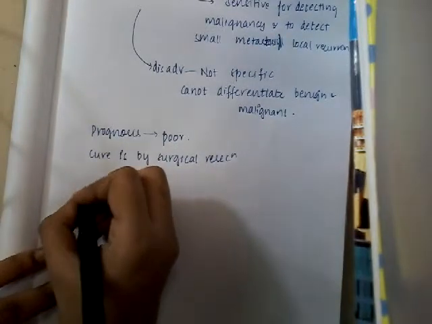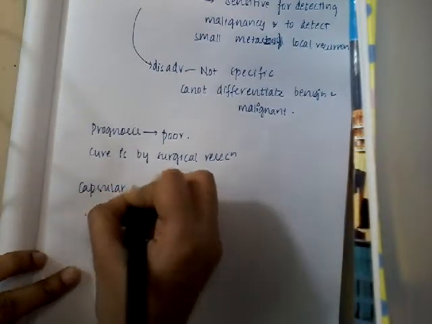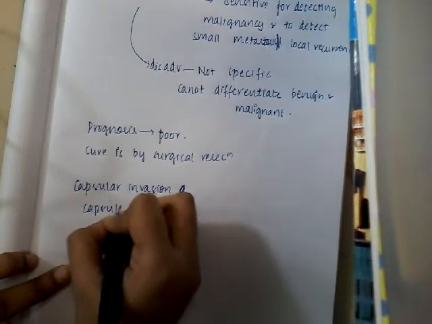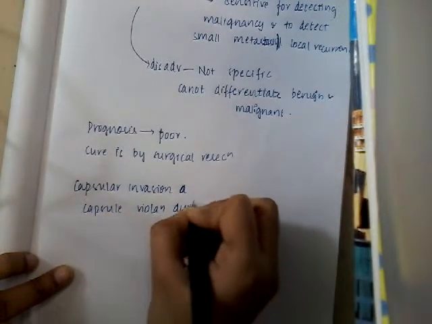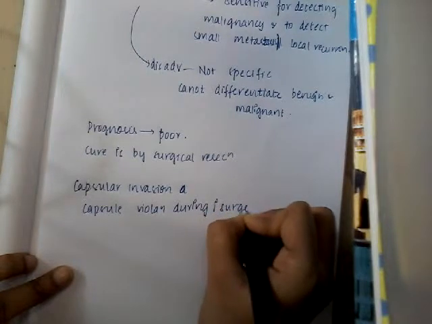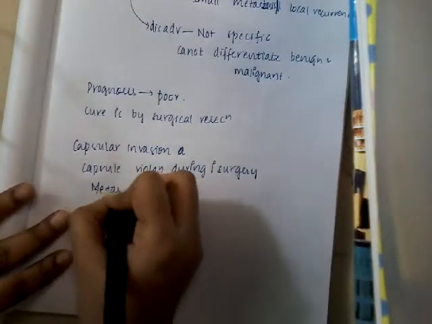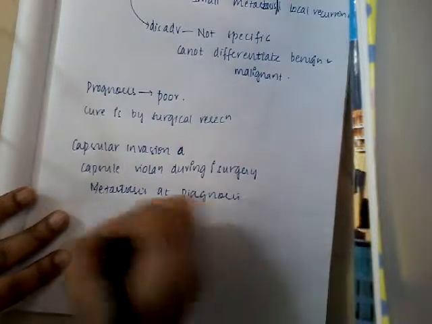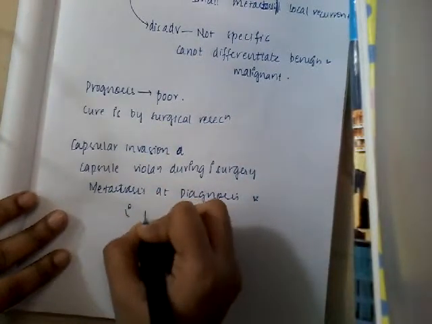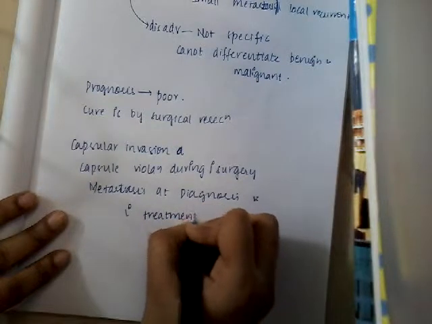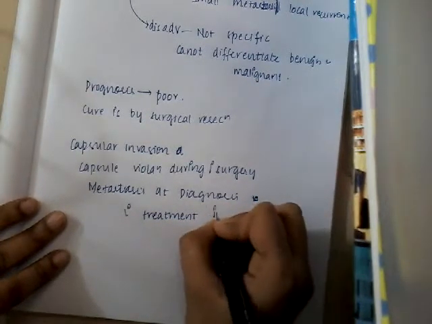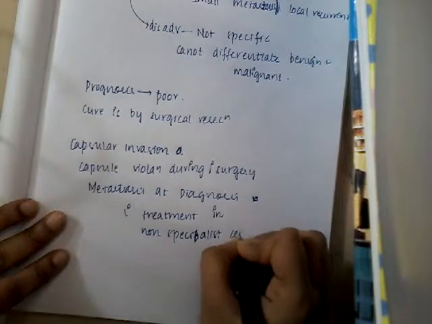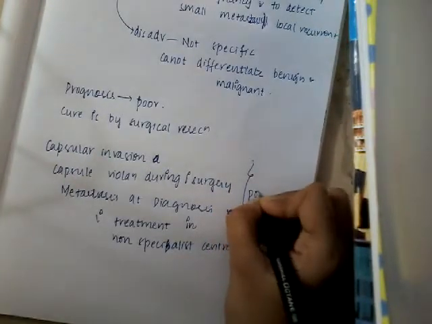The prognosis is more poor when there is capsular invasion or capsule violation during primary surgery, or whenever there is metastasis at diagnosis, and also if primary treatment is given in a non-specialist center. All these will have poor prognosis.